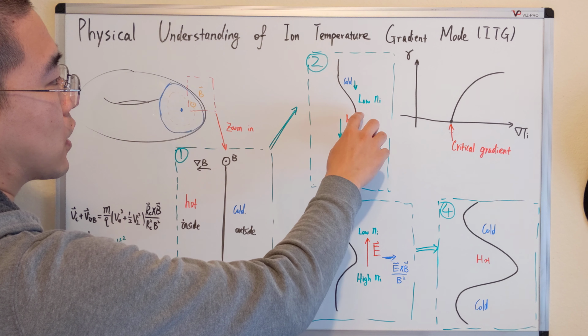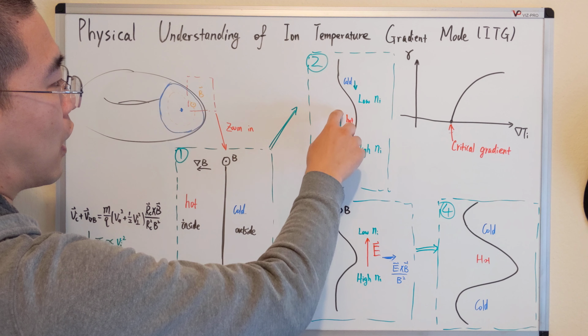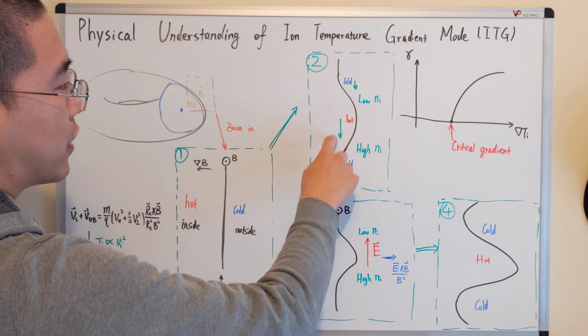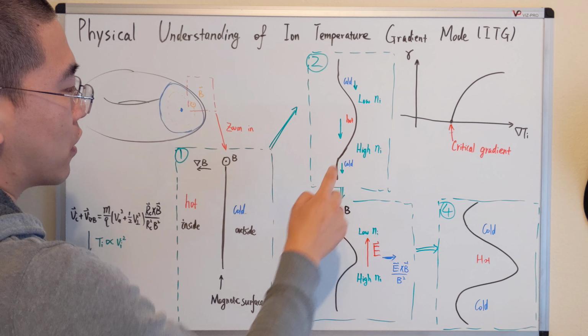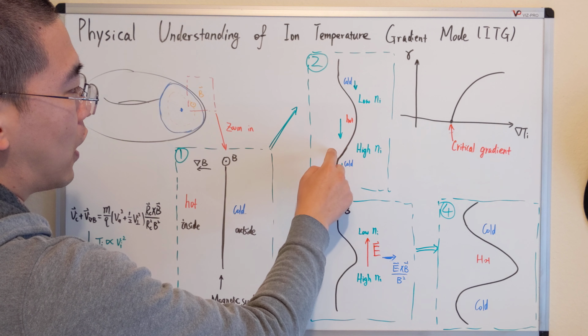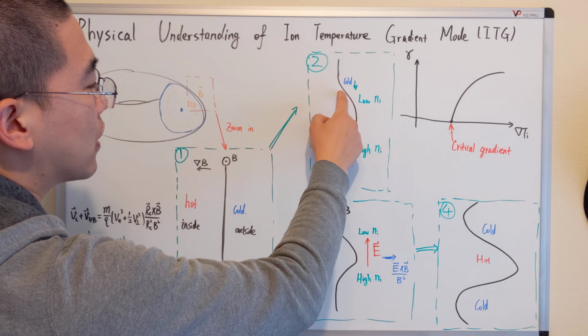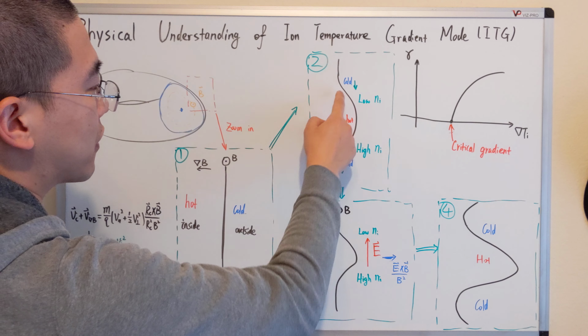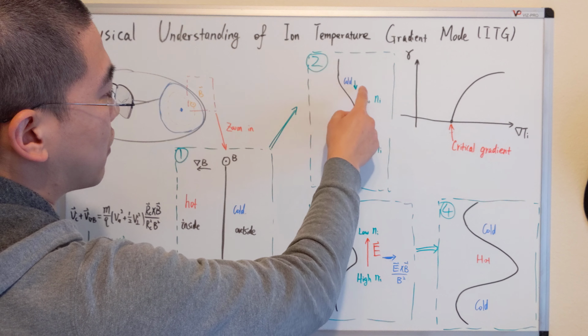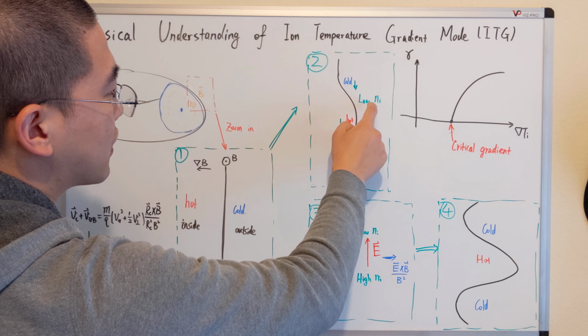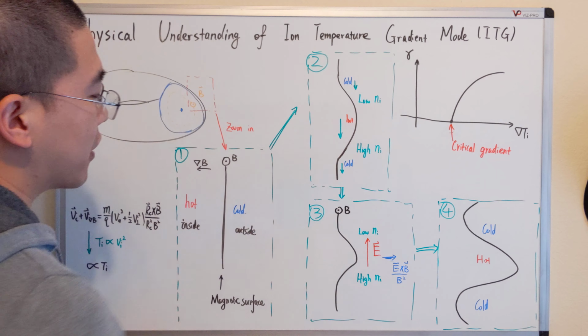So the ion will drift faster here, slower here, and slower here. Basically, the ion will accumulate in this area and will have less ion here. That gives us a relatively low ion density here and relatively high ion density here.